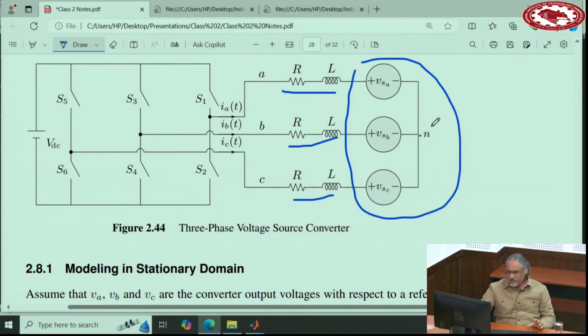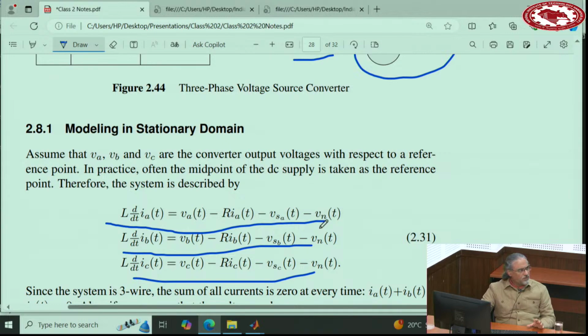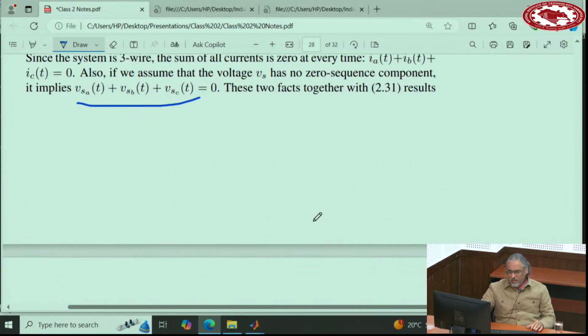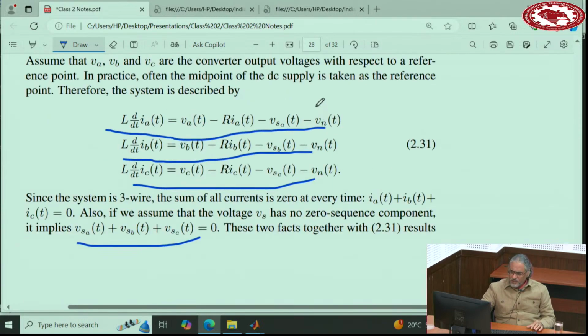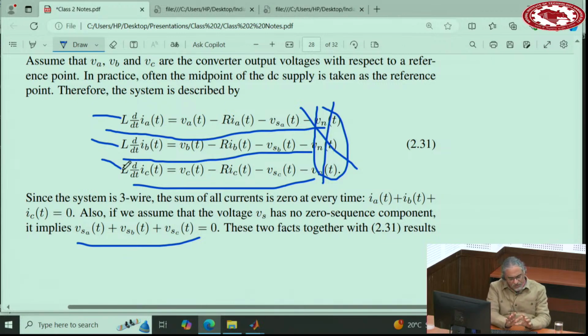If it has 0 potential, we can remove it from the equations. And then if you remove all these three from the equations, you will see that this equation is separate from this equation, from this equation. All three equations are separate. So this three-phase system will be equivalent to three separate single-phase systems.